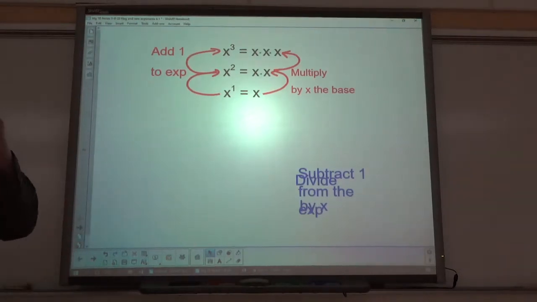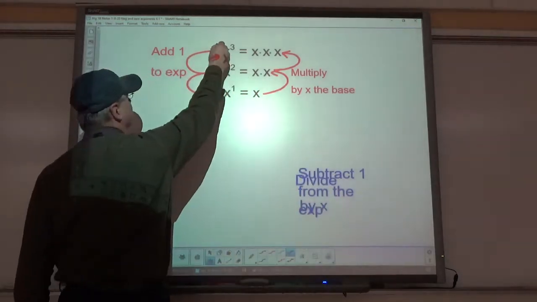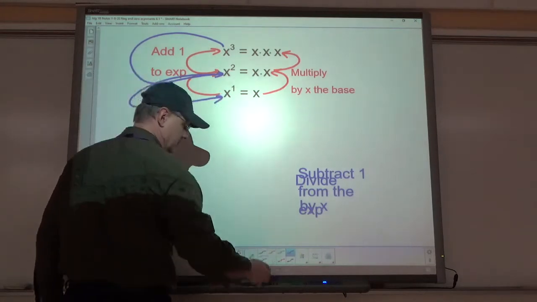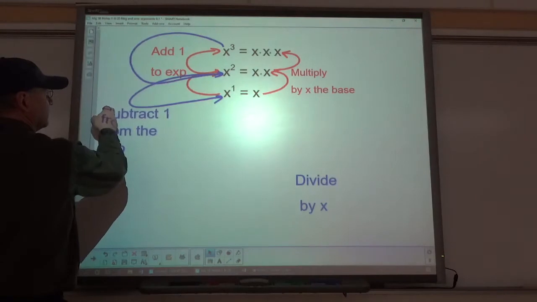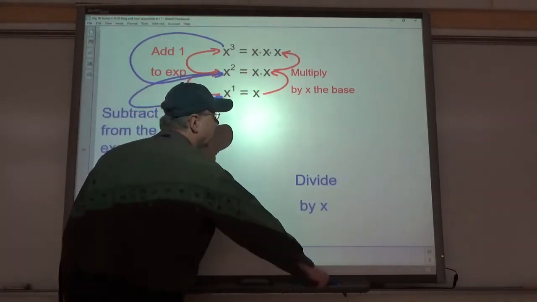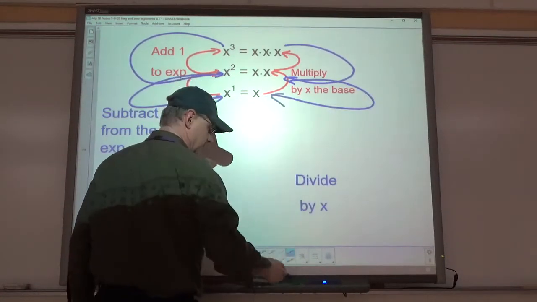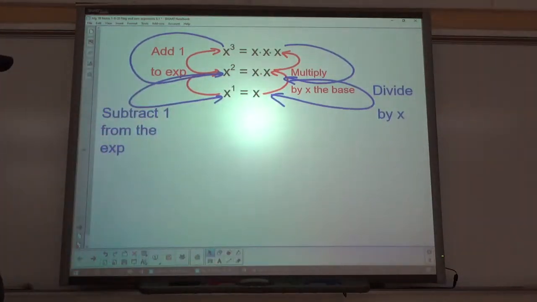Now, what happens if you go down? Well, as you go down, you are subtracting 1 from the exponent. And as you go down on this side, you are dividing by the base, which is x.